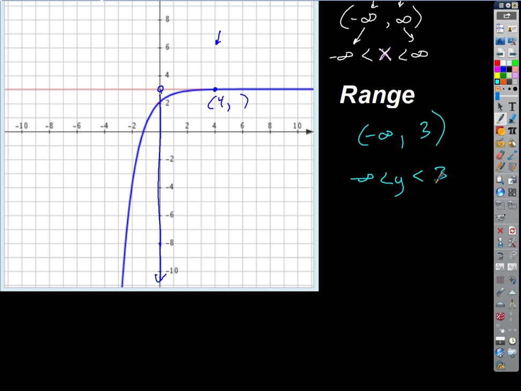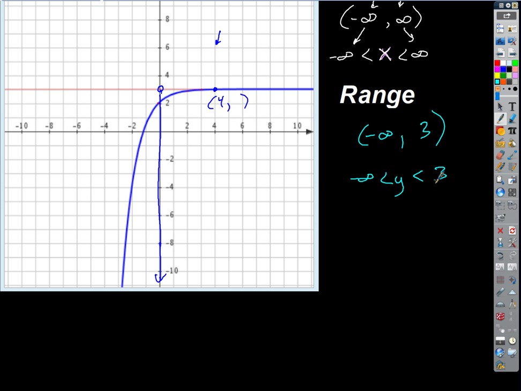Now, I'm going to give you a little shortcut on this one, though. This might seem a little strange, but we don't really need to add that negative infinity, do we? That's sort of implied, right? The only time we're ever going to add infinities when we're writing an inequality is if it's everything, right?